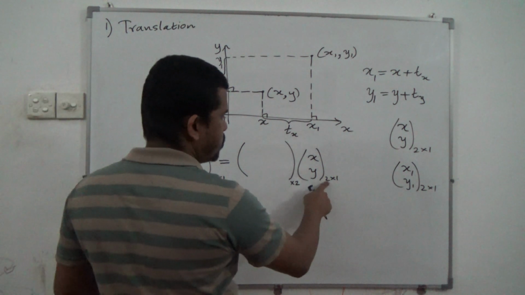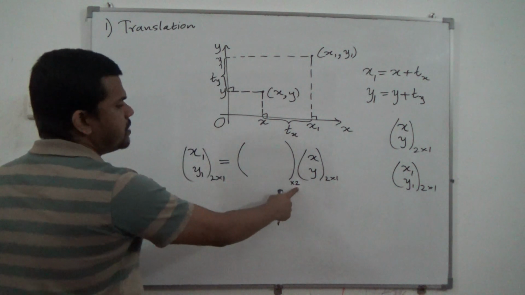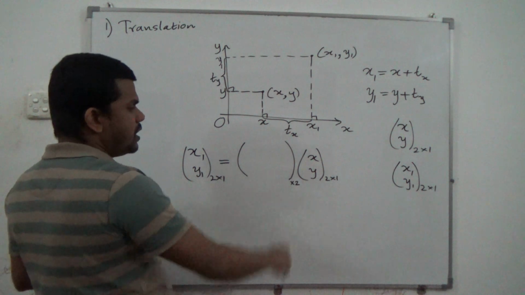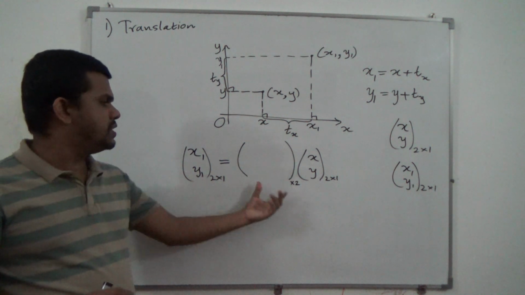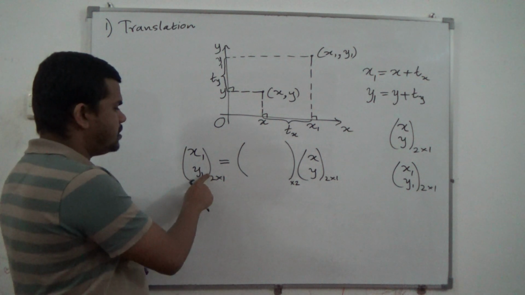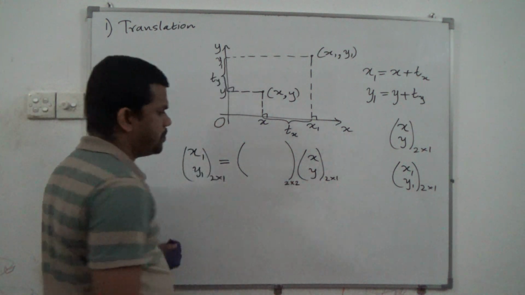Therefore, here we have 2 rows, so here we must have 2 columns. And now, this is the answer of this multiplication. The resultant matrix has 2 rows, therefore here it should be 2.